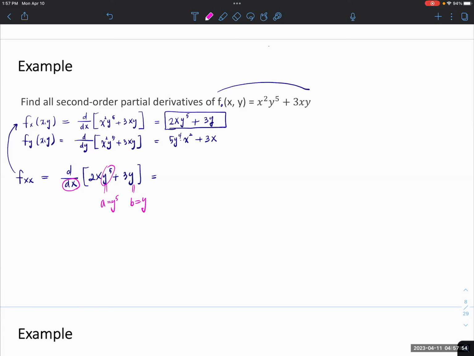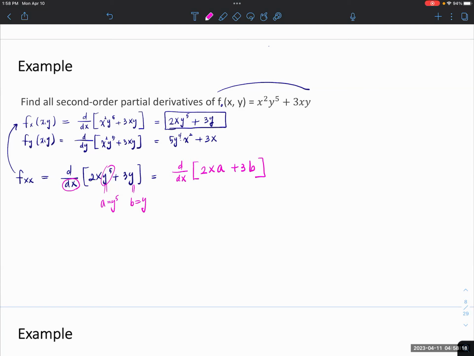So what happened is, it means now we are going to take d over dx of 2xa plus 3b. Something happened like that.